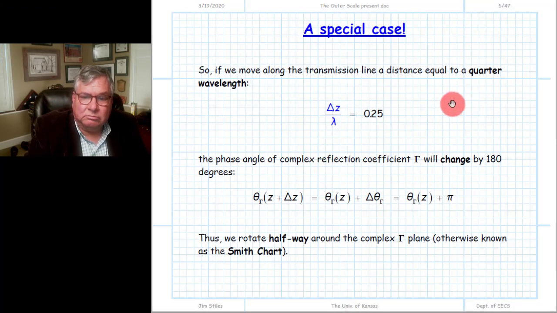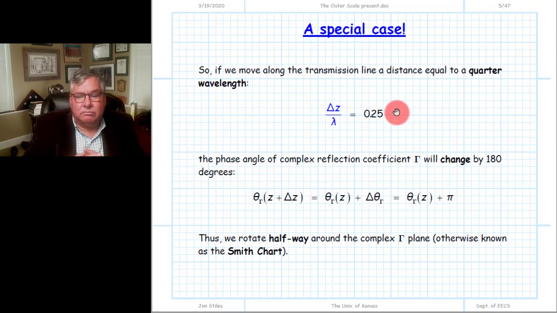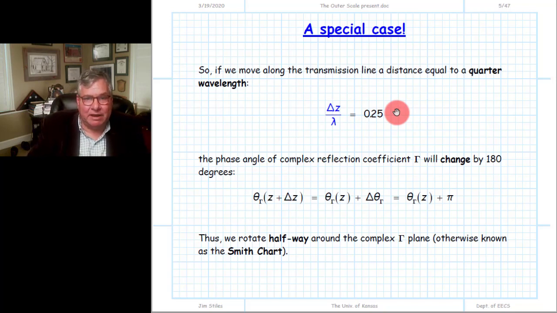We can express this again and show the same thing by doing just a little algebraic arrangement here. If delta Z is lambda over 4, the normalized delta Z, if we divide by lambda, is simply equal to 0.25.